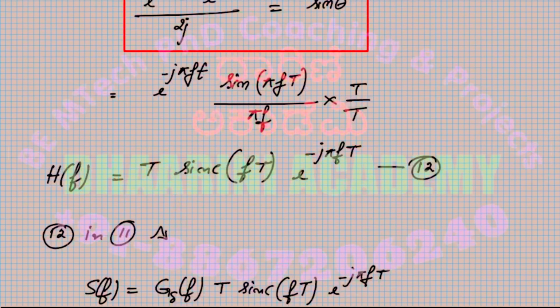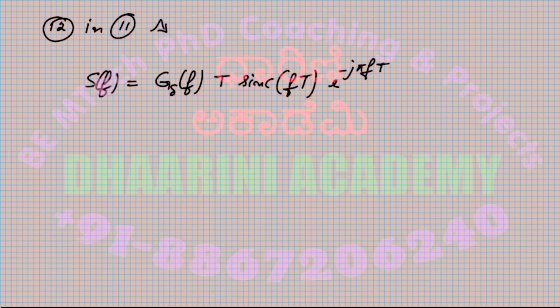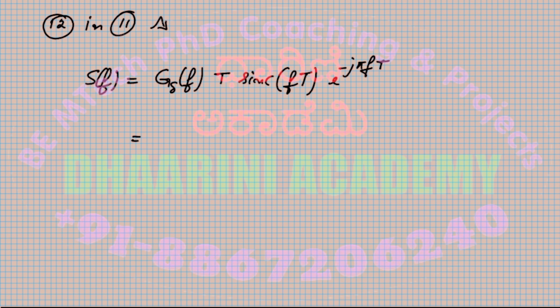So that means, substituting the g delta of f in the format, there is an fs already present. Into this T comes into the picture. I'll bring the sinc function outside because it has nothing to do with the summation.